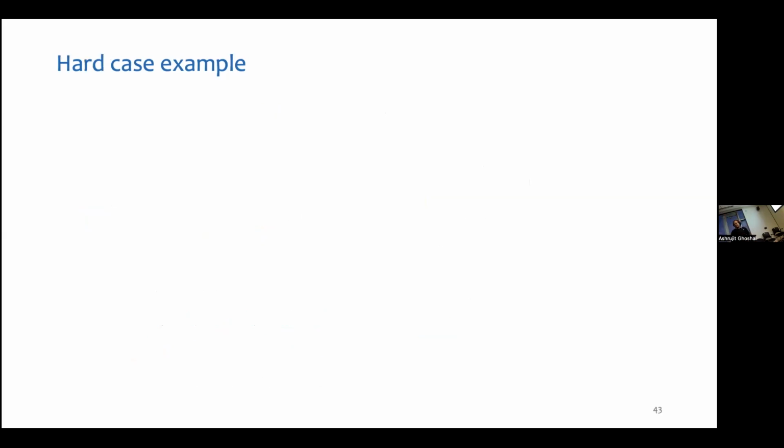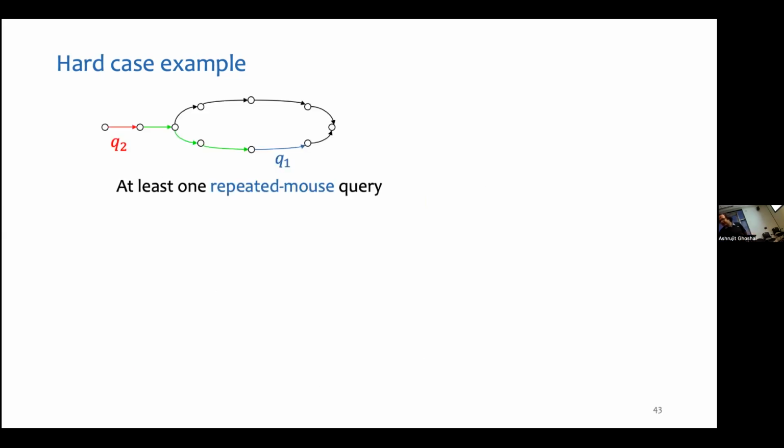Let me show you an example of a case that is much harder to handle. Say the mouse structure has a repeated mouse query Q1 and there's a new query Q2, but they are not consecutive like in the previous case, and there are a series of repeated non-mouse queries between them.